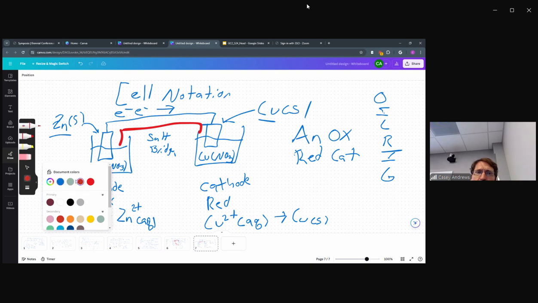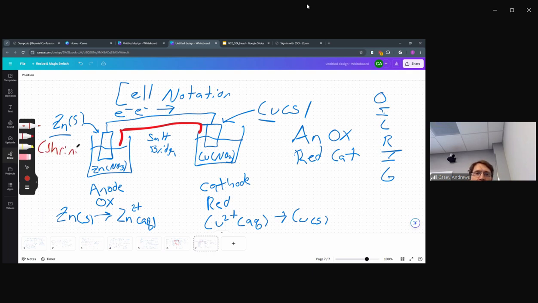And so if we were to hook this battery up for real and just let it go, what would happen is that you would see the zinc solid, the actual metal, start to shrink because it will start to go into your liquid during this reaction. The copper solid would grow.